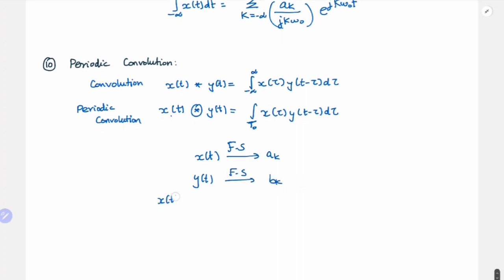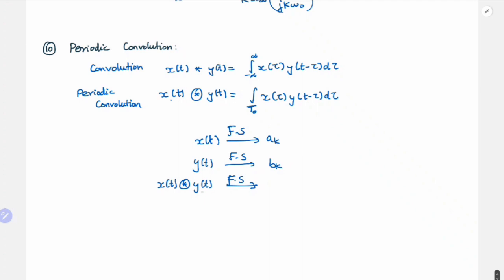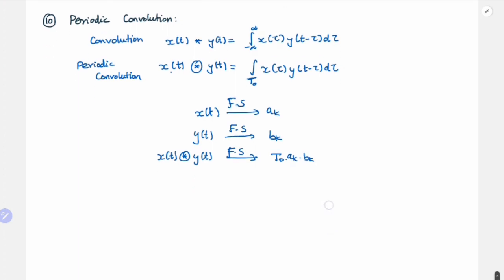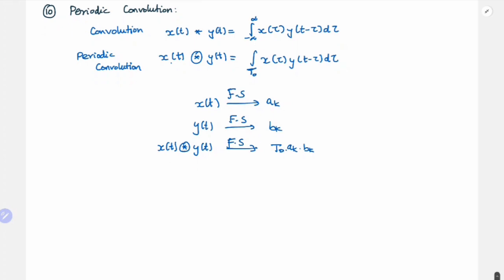And what about the periodic convolution? This actually has a Fourier series coefficient of t naught into ak into bk. Okay. So convolution actually translates into multiplication with some additional factor, which is the period. Right? So let us prove this.